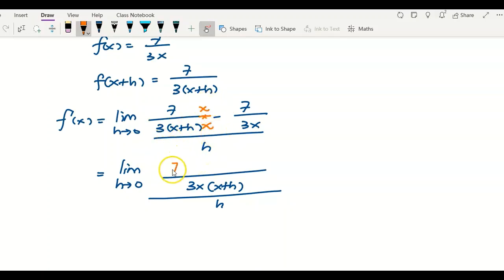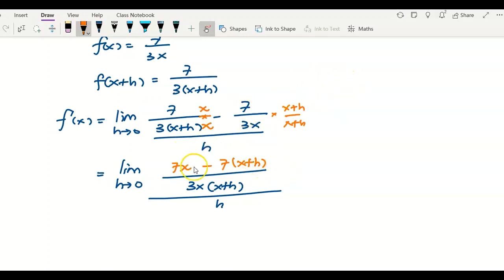So I have my 7x for the first term, and minus, if 3x I want to make it into 3x(x+h), meaning that I need to multiply this by (x+h). And we did the same for the numerator. So up here I have my 7 multiplied by (x+h).